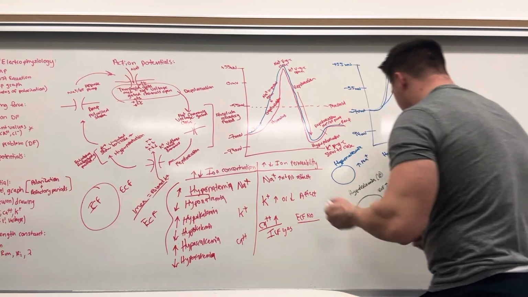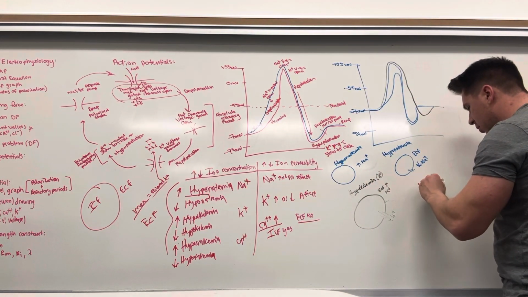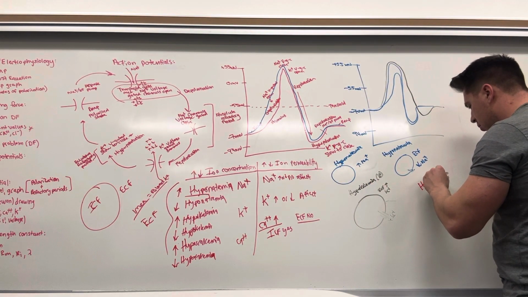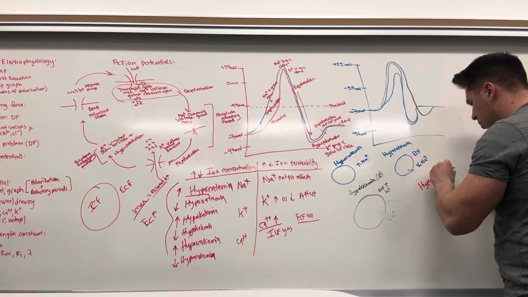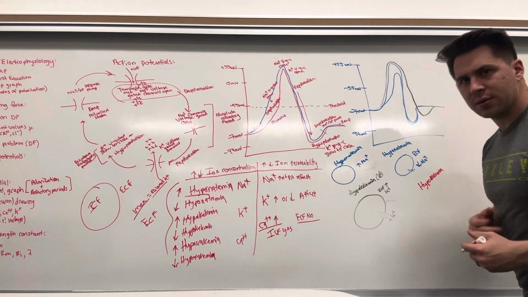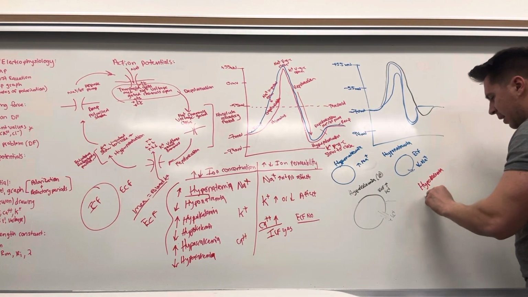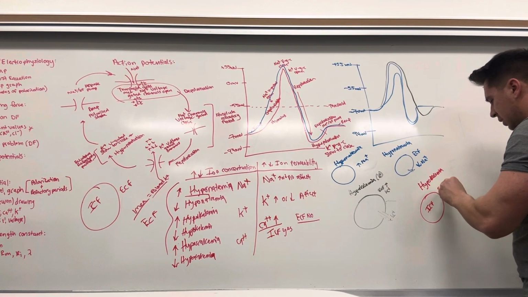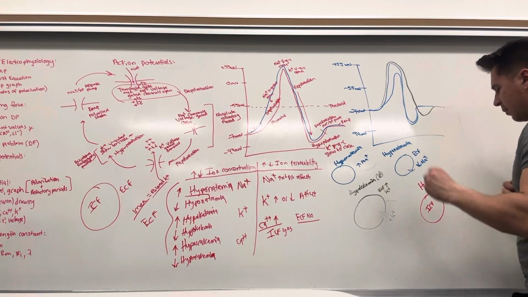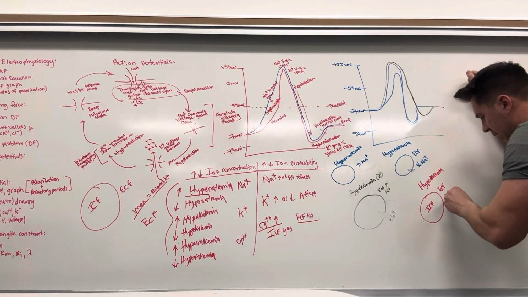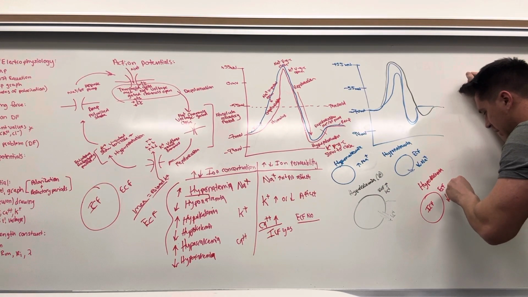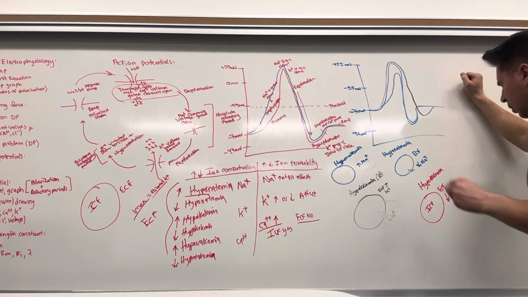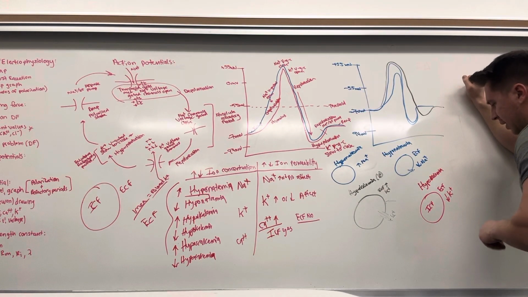Now, if we had hypokalemia, what are we saying that is? If this is our ICF, and this is our ECF, when we say we have hypokalemia, we're saying that we have a decrease in potassium on the outside of the cell.